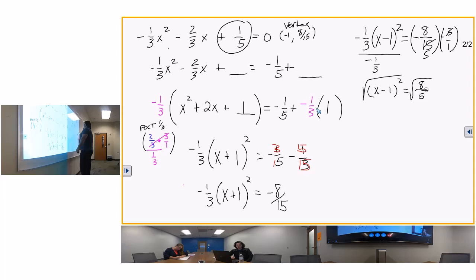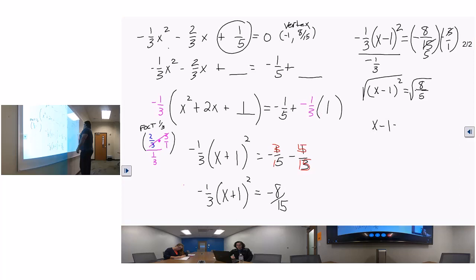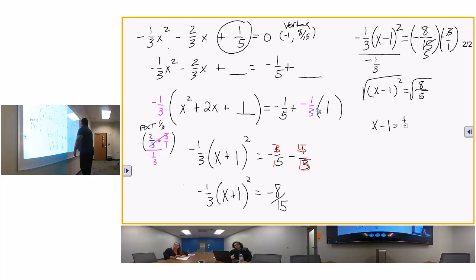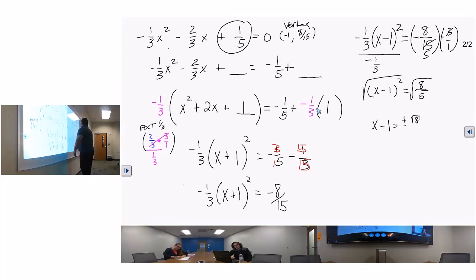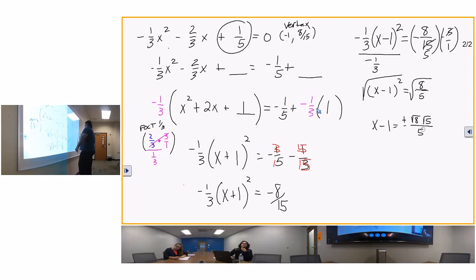Okay, so we've got to rationalize. X minus 1 is equal to positive or negative square root of 8 times the square root of 5 over 5. Square root of 8 is 2 times the square root of 2.